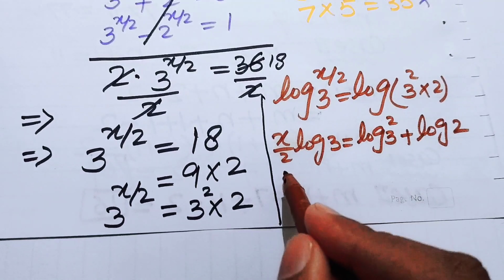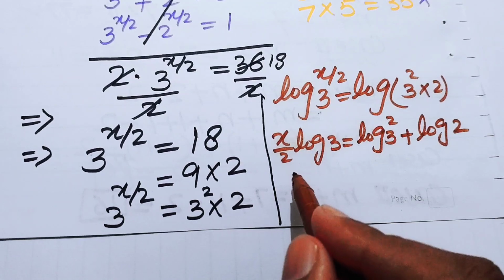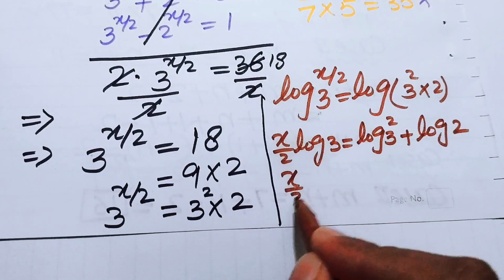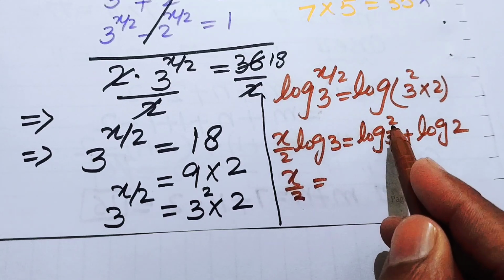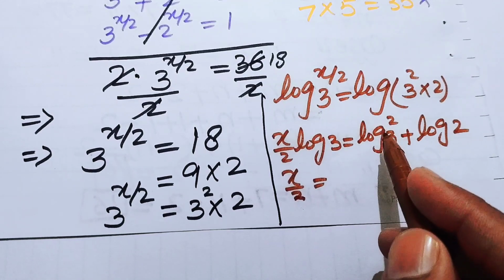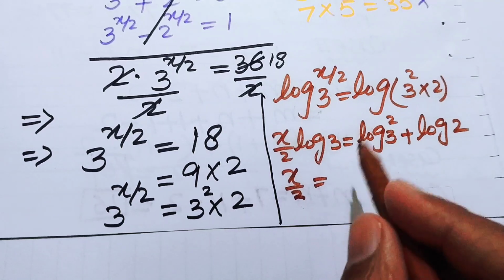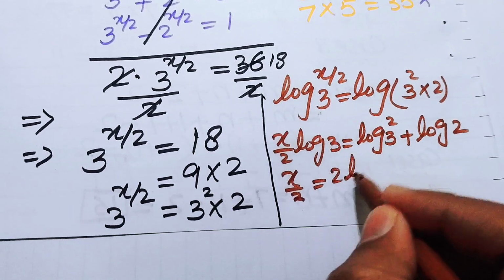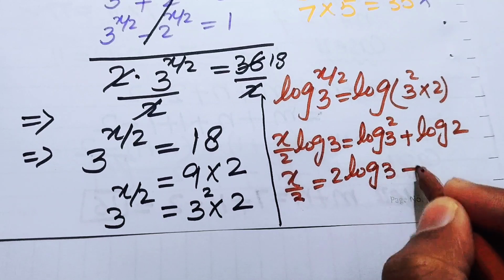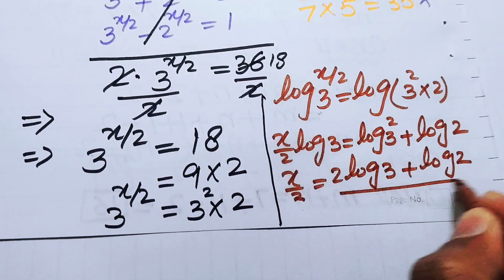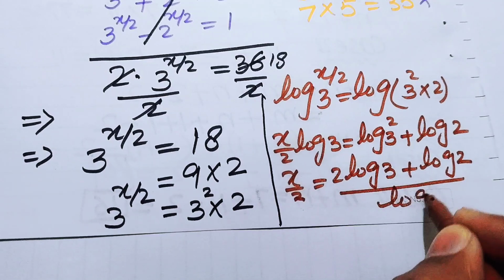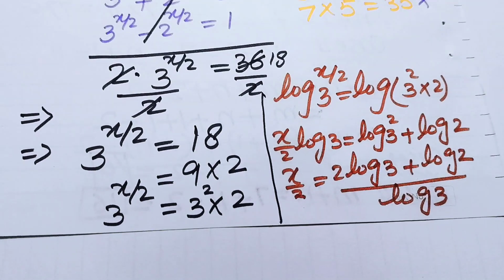And now in the next step we just move this log 3 in the right hand side, and we have this 2, and we use the property of log and we move this 2 in the front of this log, and you get 2 times log 3 plus log 2, and this whole divided by this log 3.